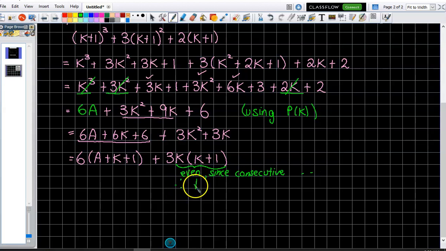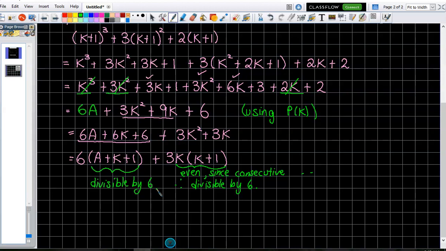Therefore, it's divisible by 6. Okay, and we would also have to say that this is also divisible by 6.